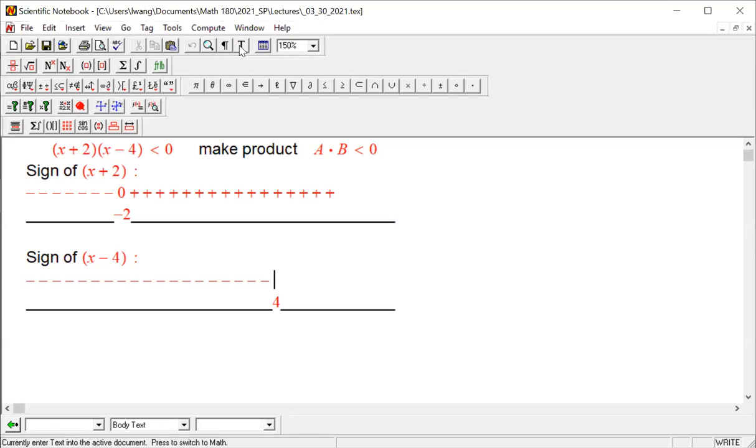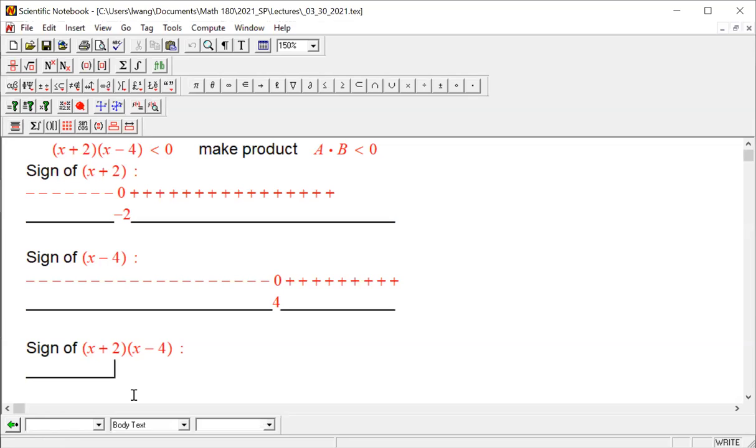When x is 4, x minus 4 is 0. When x is larger than 4, x minus 4 is positive, right? So in the end, we look at the sign of the product. And of course, we want the product to be negative, right?